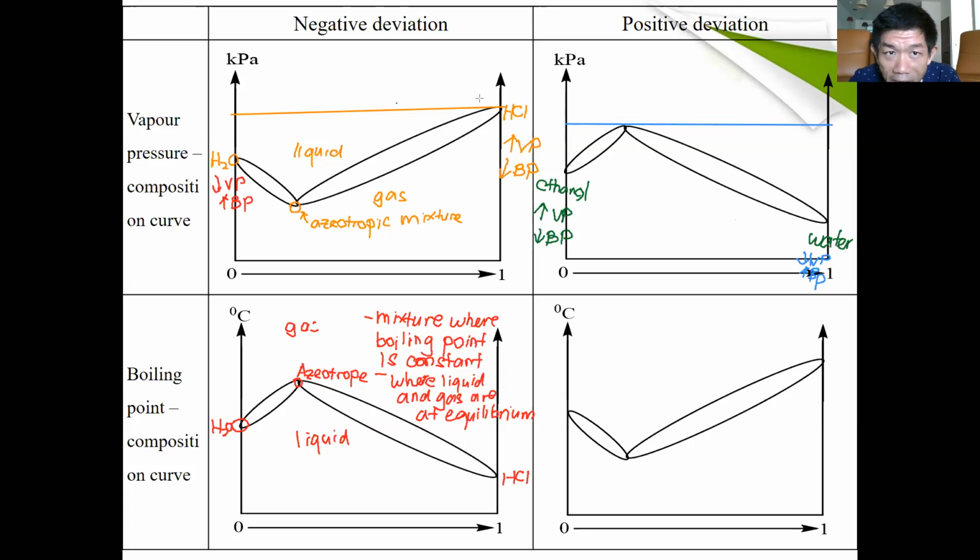So it looks something like this, where this is the azeotropic mixture, here is the boiling point of pure ethanol, and this is the boiling point of pure water.